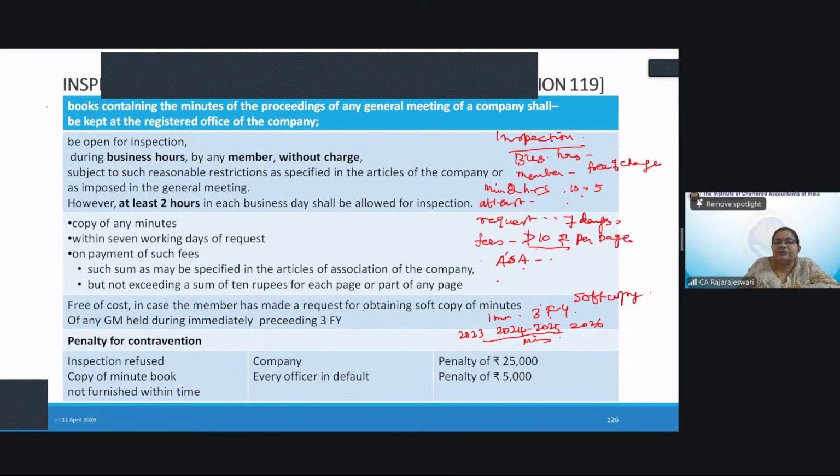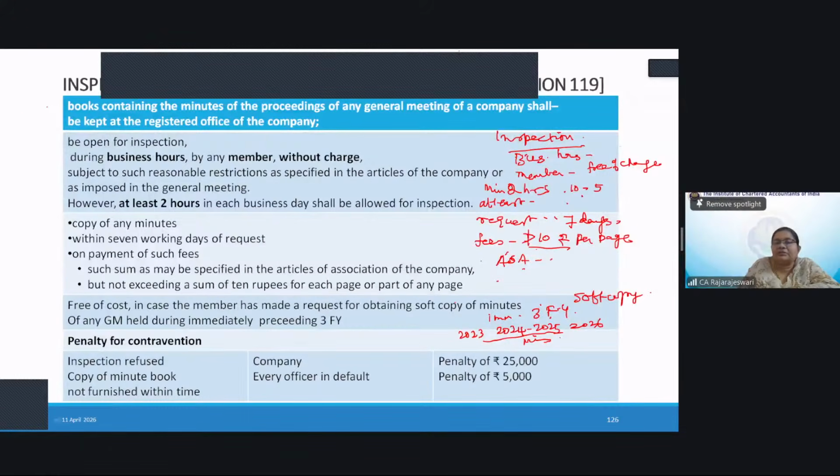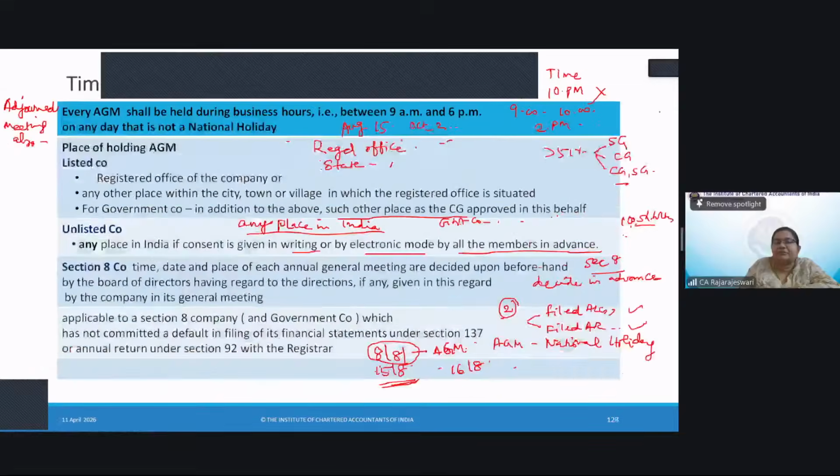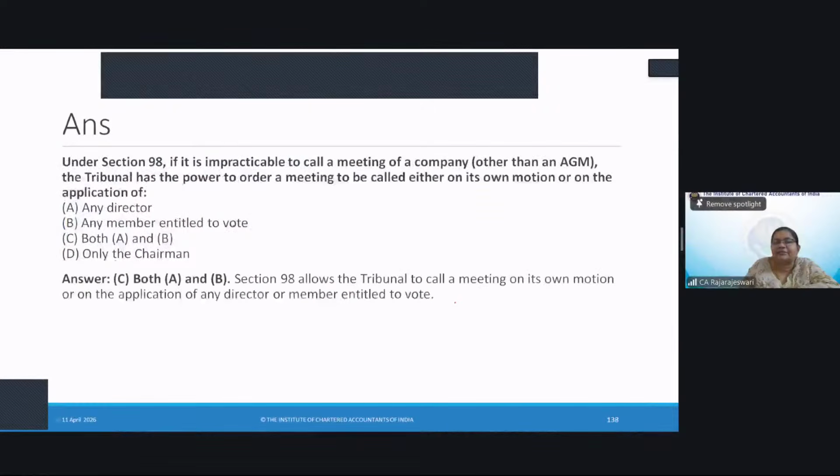So minutes of any general meeting are available only for a member, not for the public at large. It's not specified anywhere that the public at large can come and inspect the minutes.